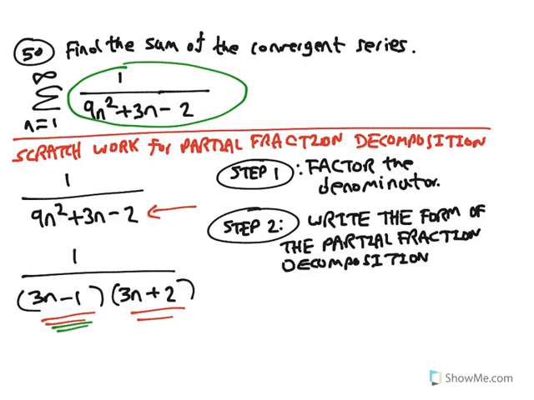Distinct means the factors are not repeating. And linear means that you've got linear factors. So the variable is raised to the first power in each factor. So when you have distinct linear factors for the denominator, you can write the form of the partial fraction decomposition as follows. As I already stated, depending on how the denominator factors, you will have different forms of partial fraction decompositions, but we're only going to focus on this particular case for today.